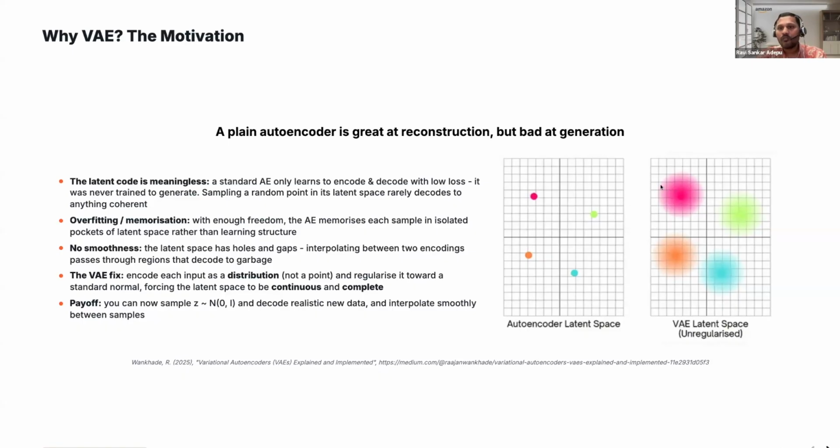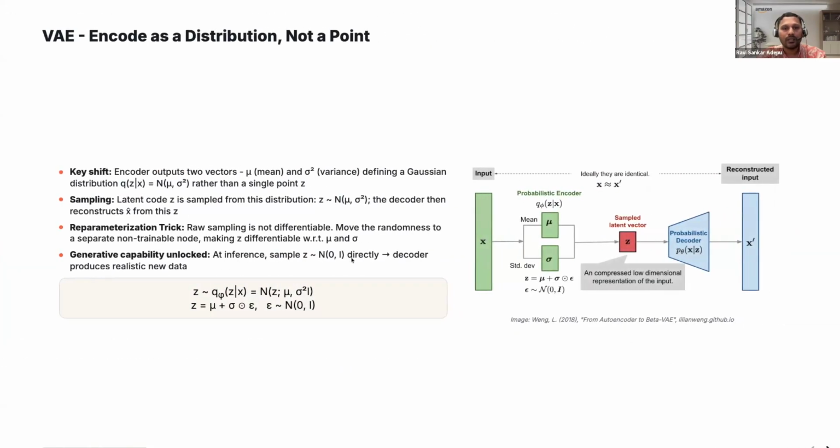What we want is a latent space that is continuous, where similar inputs land near each other and every region decodes to something valid. The variational autoencoder achieves both by encoding each input as a distribution instead of a single point, and regularizing those distributions.